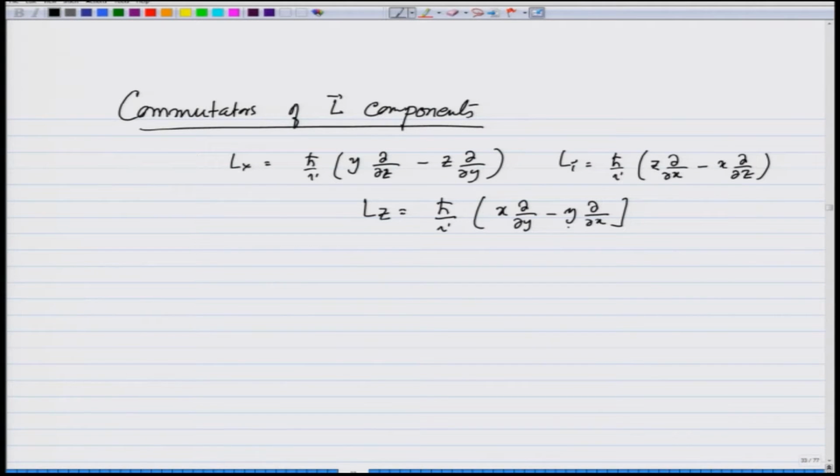If you calculate the commutator, that means Lx Ly minus Ly Lx, if you just plug in the things and get it, this comes out to be i h cross Lz.